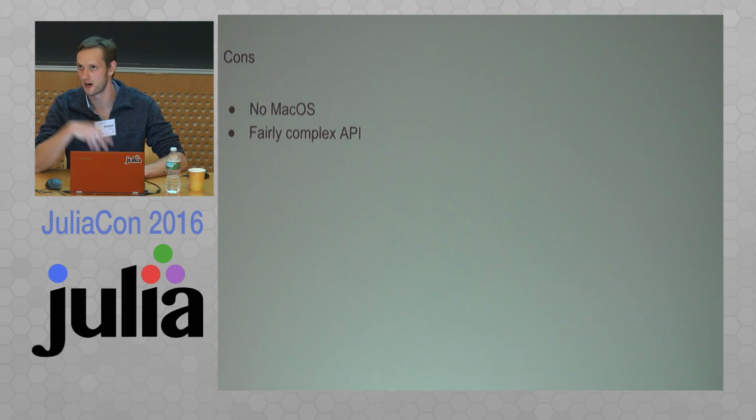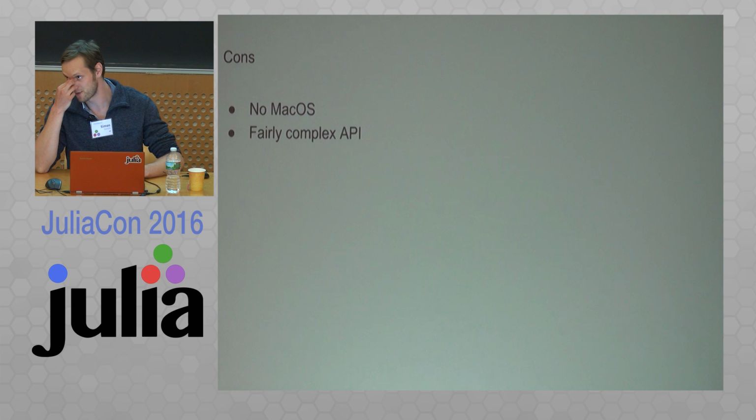I guess Vulkan would allow for a lot more easy ways to implement this on any kind of hardware. So I'm fairly positive that things will happen there, but I'm not sure what the current state is. Any other questions?